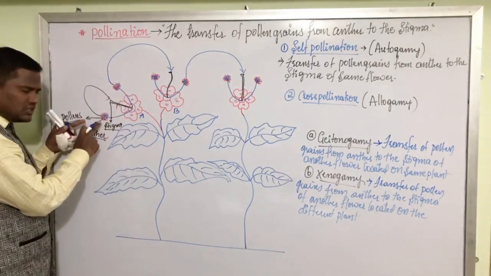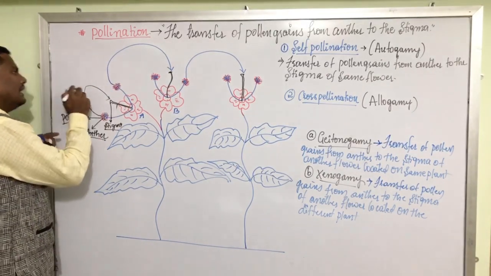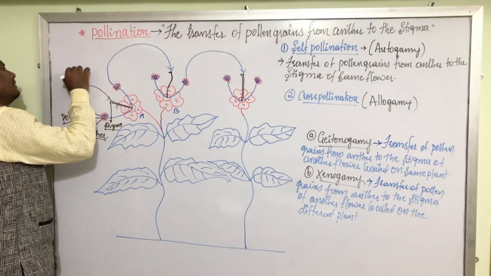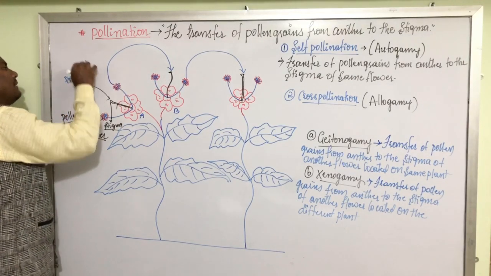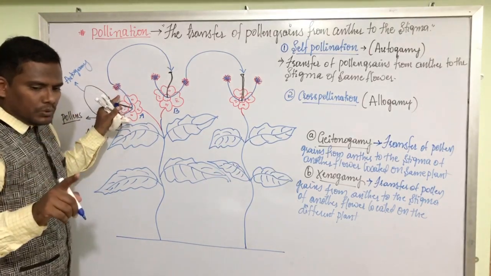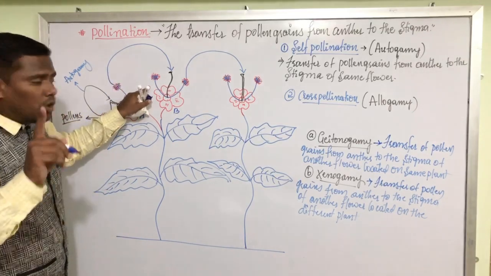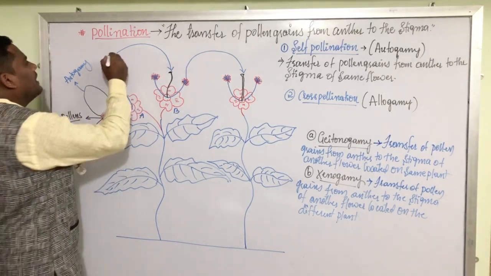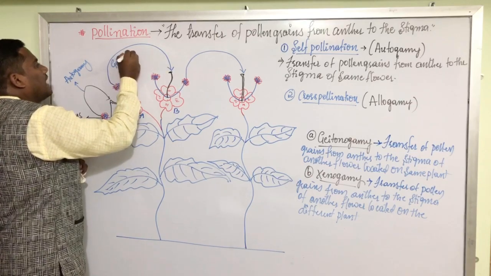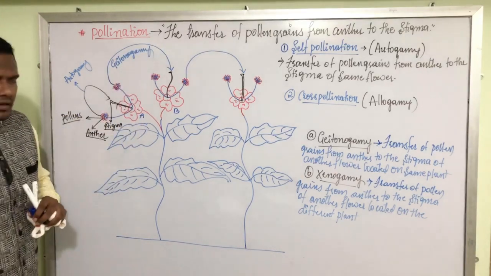Transfer of pollen grains from anther to the stigma of same flower is called autogamy. Transfer of pollen grains from anther to the stigma of another flower located on the same plant is called geitonogamy.